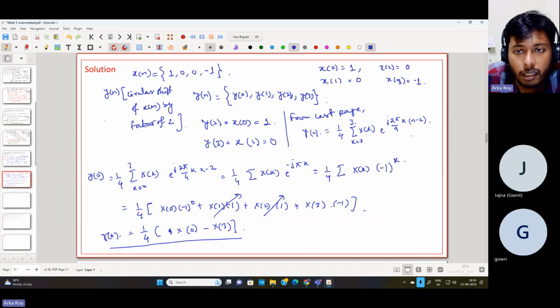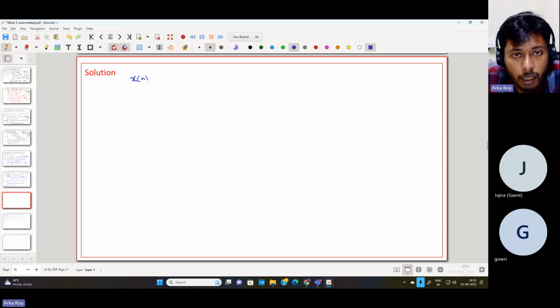So we had started with solving for x[n]. So x[n] is equal to 1, 0, 0, minus 1. And this was basically shifted. So we started with this particular position. Now I don't know what is there in case of the 0th position and what is there in case of the first position. However, at n equals 2, I will get the shifted version.